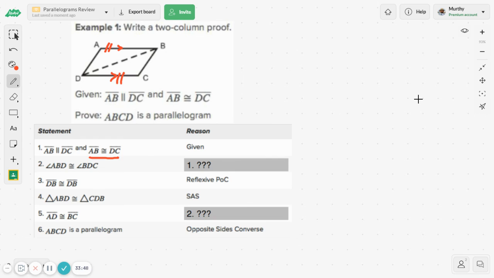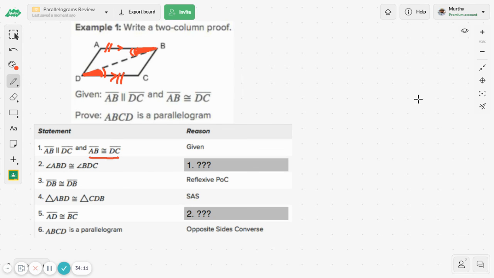Angle ABD and BDC. So ABD is this one and BDC is this one. You know why they are equal? Please remember that when two lines are parallel, one angle is facing the left side, the other angle is facing the right side, and they are on either side of the transversal line.